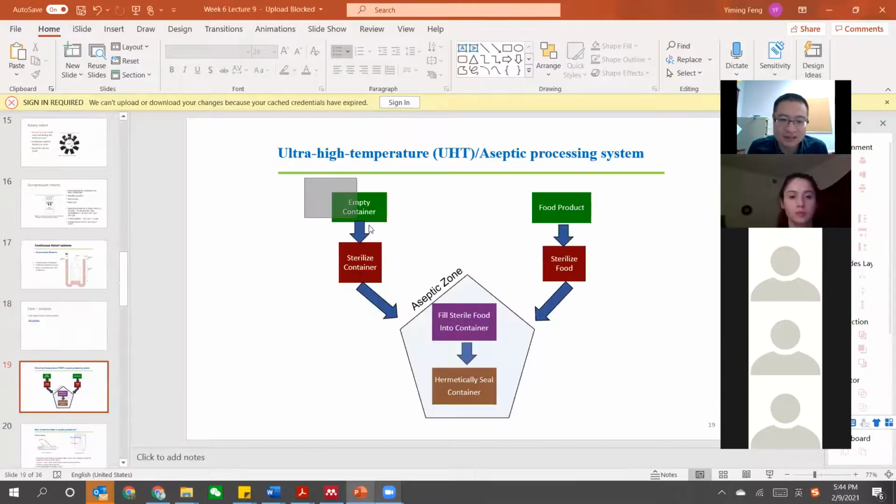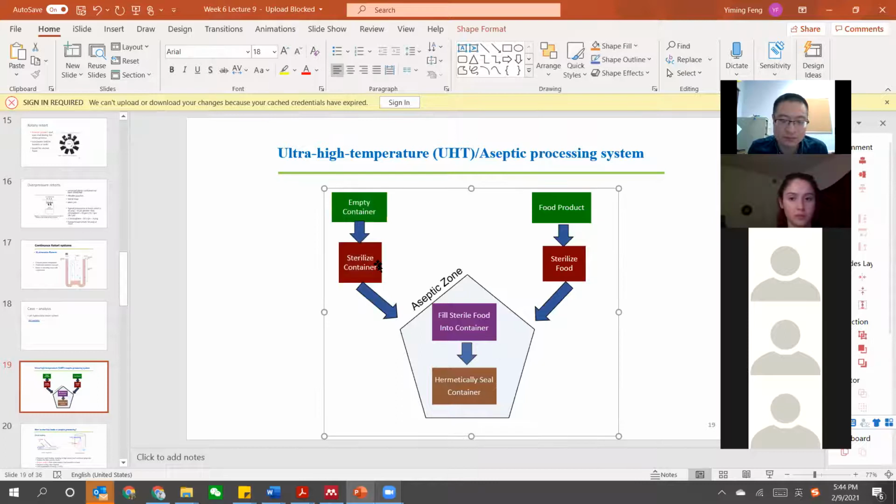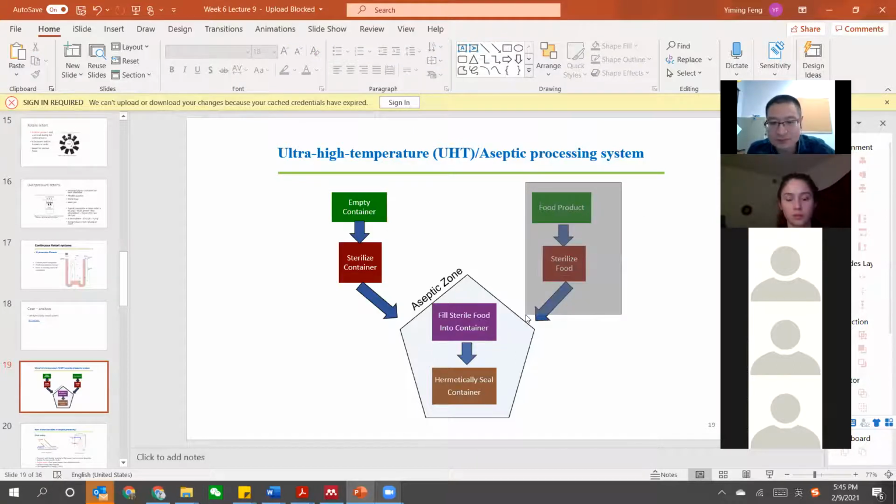The container and the food are sterilized separately, and we sterilize the food in another product line. And finally, we merge these two together in an aseptic zone.